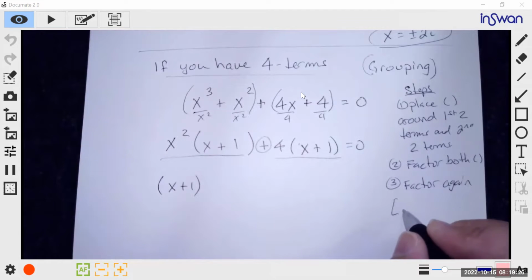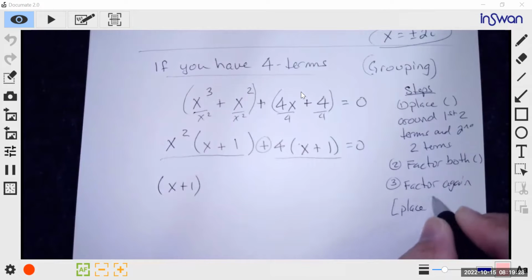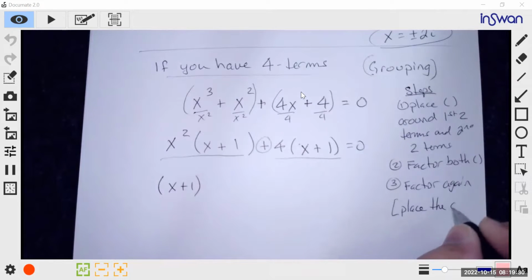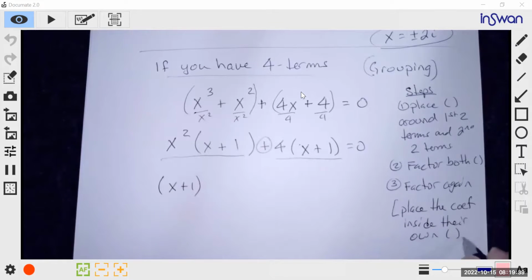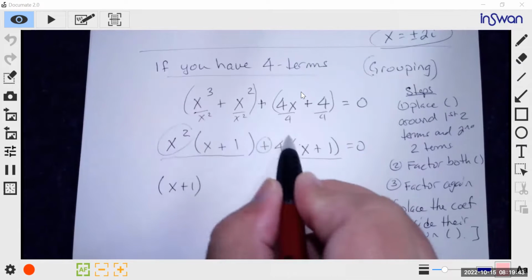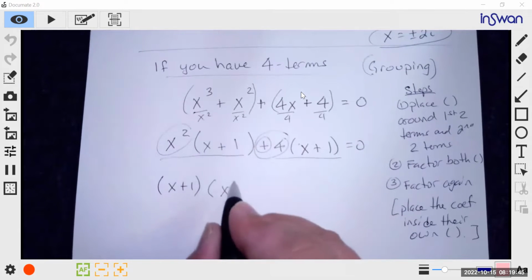And basically what it says is place the coefficients inside their own parentheses. So take the coefficients and put them inside their own parentheses.